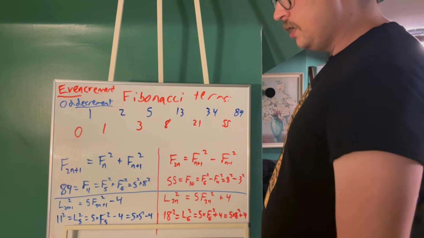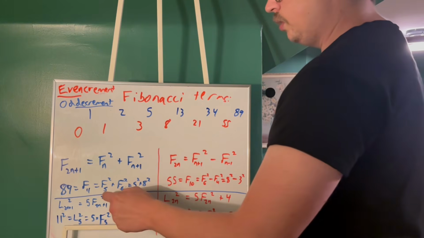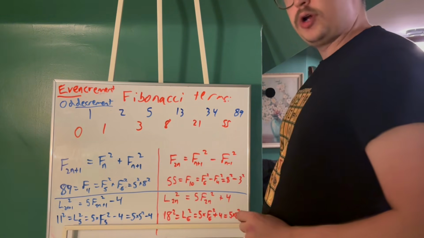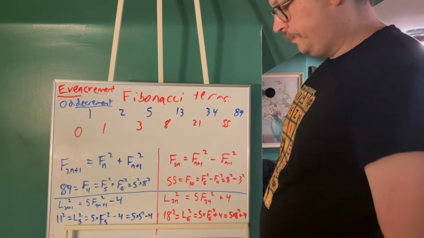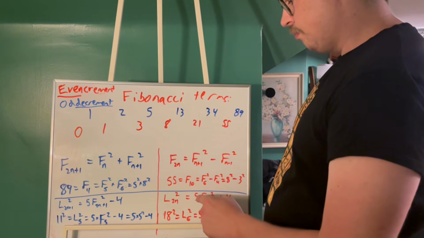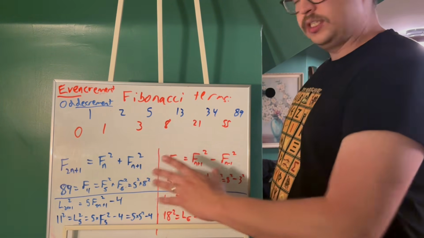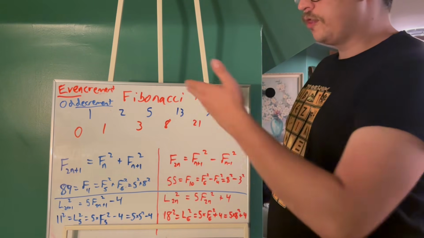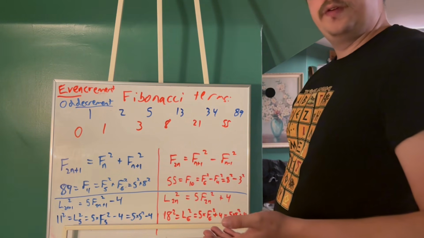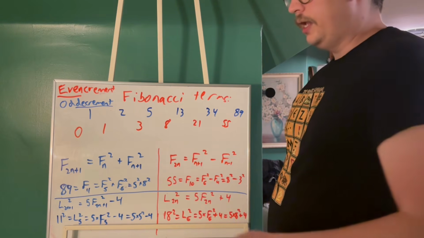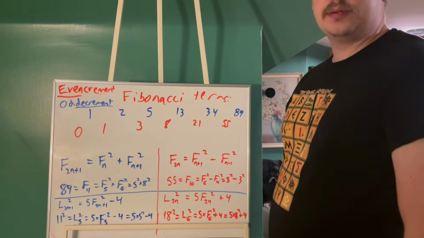What that says is if it's an odd index, you can square it, multiply by 5, subtract 4, get another square. If it's an even index, you can square it, multiply by 5, add 4. So it sort of determines if it's even or odd. These are 3 ways to determine if it's odd or even on the fly. And I think the easiest one is to just memorize them.